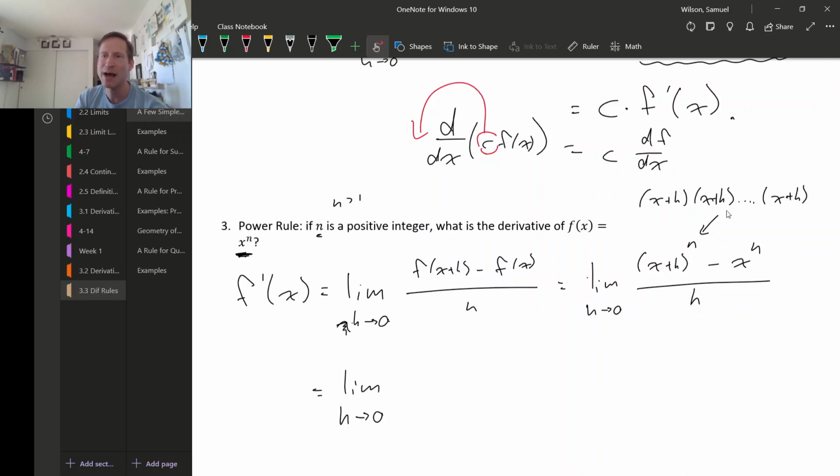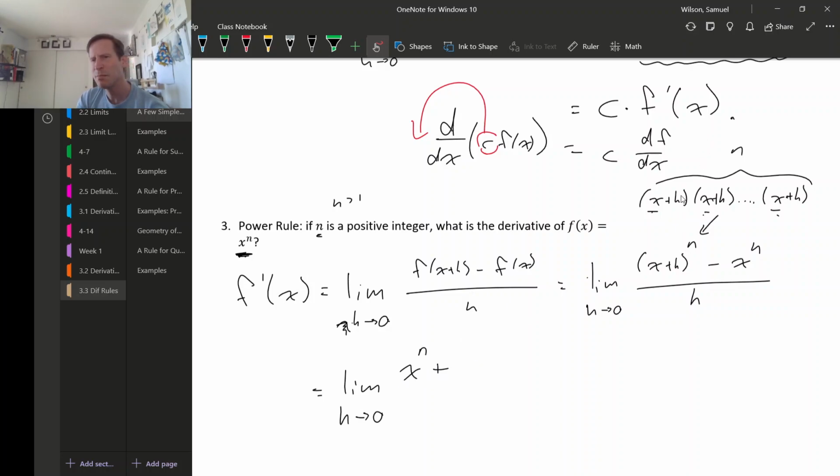So think about what happens when you multiply something like this out. What you get is a big sum of terms, and you form each term by choosing one thing from each factor. So one term that you get out of this product is x times x times x times x with all of the x's, but there are n factors here, right? N copies of this. So if you form the term that is just all of the x's, you get x multiplied by itself n times, so that's x to the n.